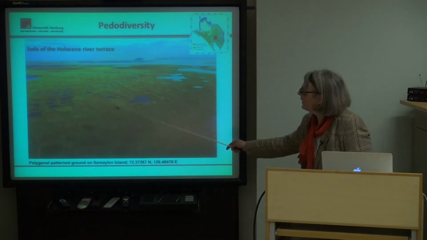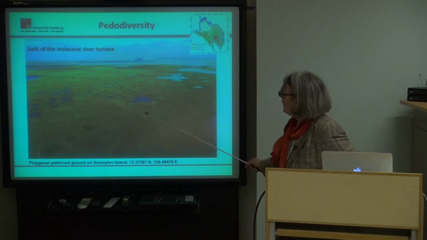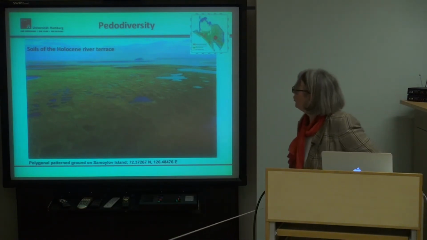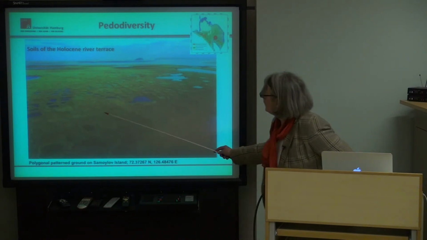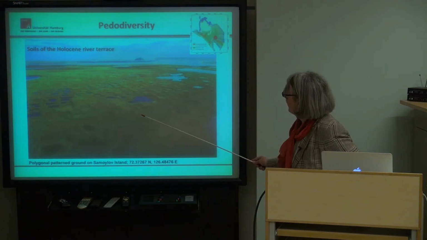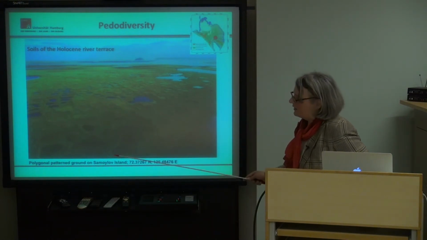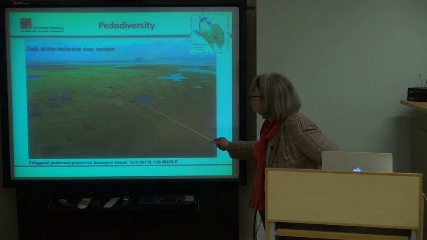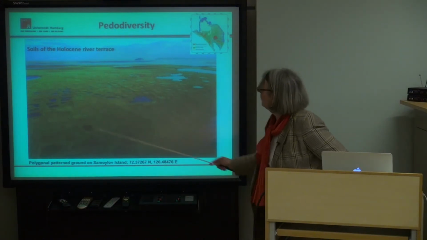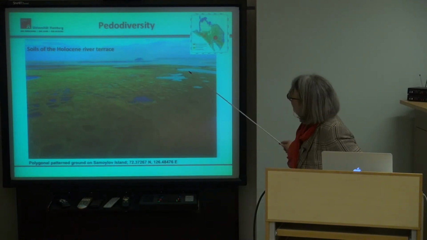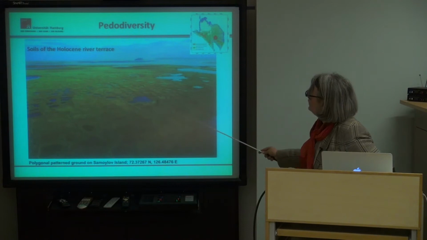In any case, what you can see here is this polygonal patterned ground of Samoilov Island. You see these nice low center polygons of the first river terrace, and you see these degrading polygonal tundra getting ponds in the centers, little ponds, water bodies, and bigger and very big thermokarst lakes in the degradation part.